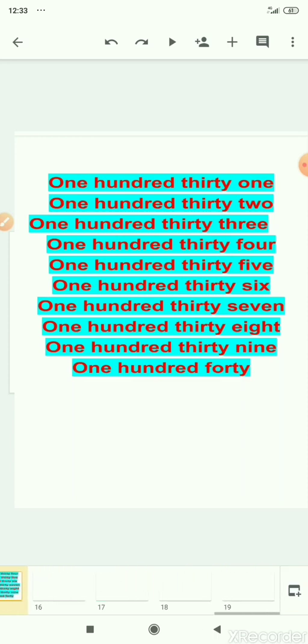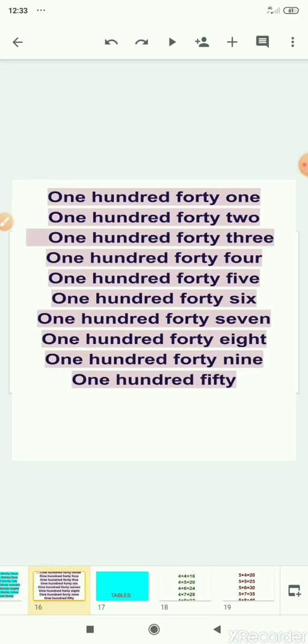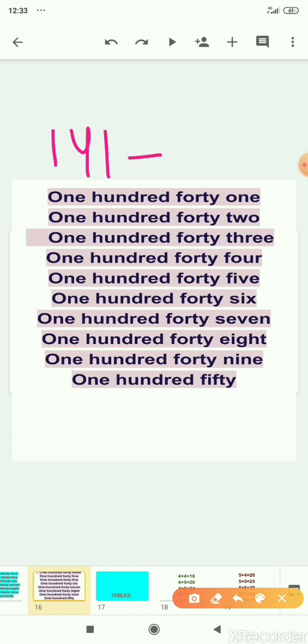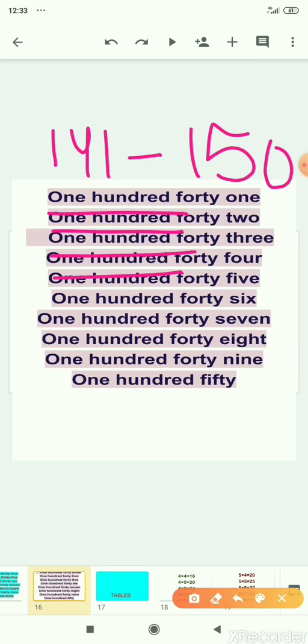Now our next spelling starts from 41. Here we have the numbers 141 to 150. Okay, same 100 is common here, and the next number, 41, 42, according to the counting.